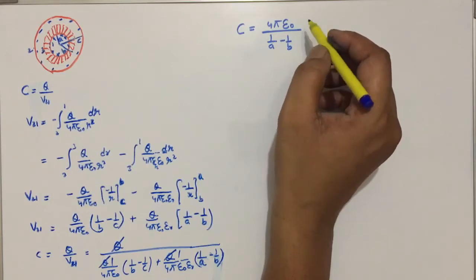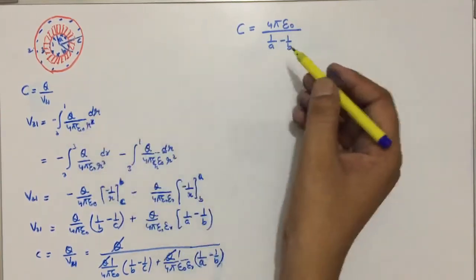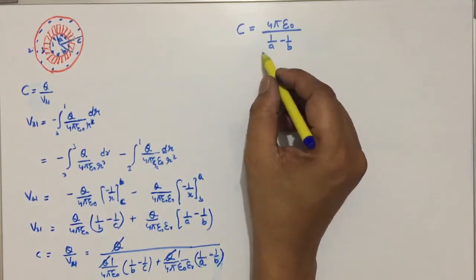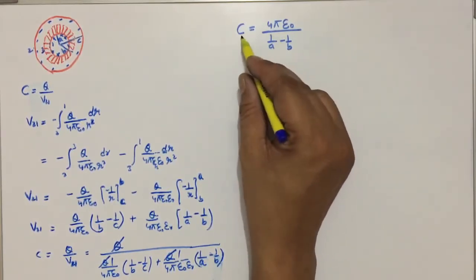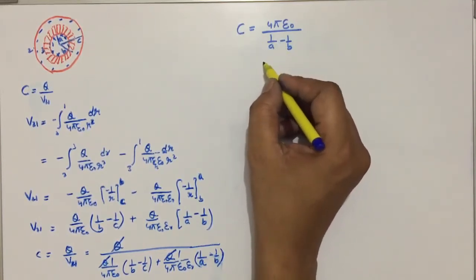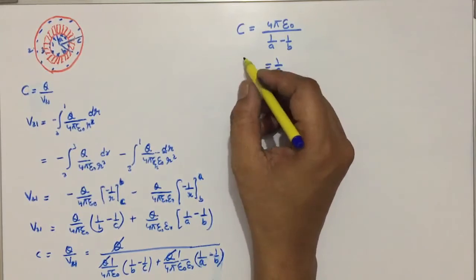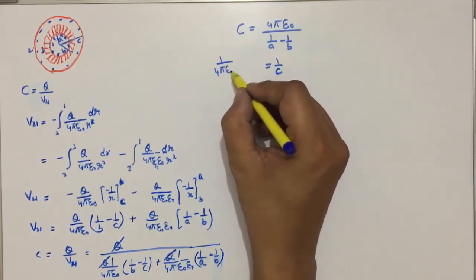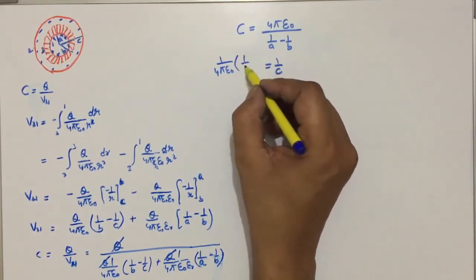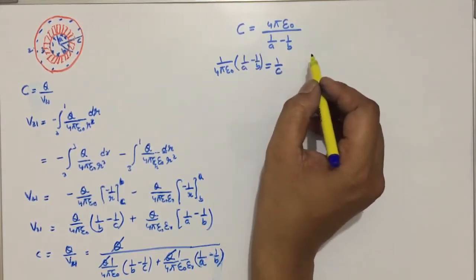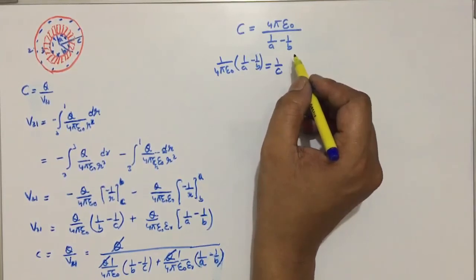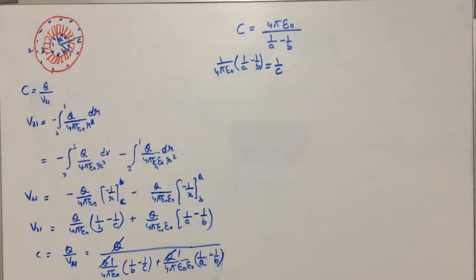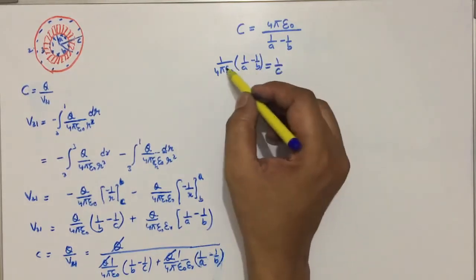If we simplify the previous derivation for the spherical case, bring c here and do cross multiplication, then 1 by C can be written as 1 by 4 pi epsilon naught times 1 by a minus 1 by b. Relate this here.